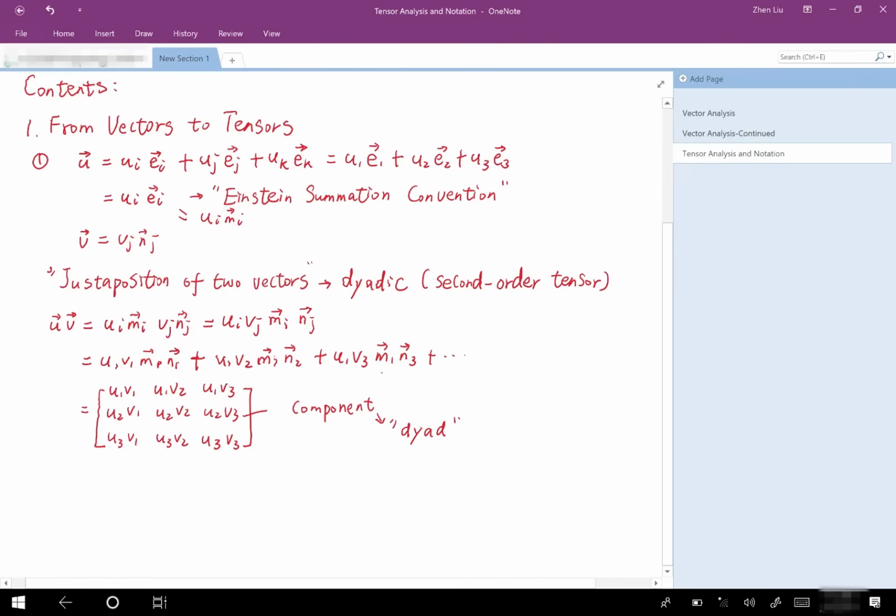And here, these things, the juxtaposition of two basis vectors, they are the new basis for the vector.